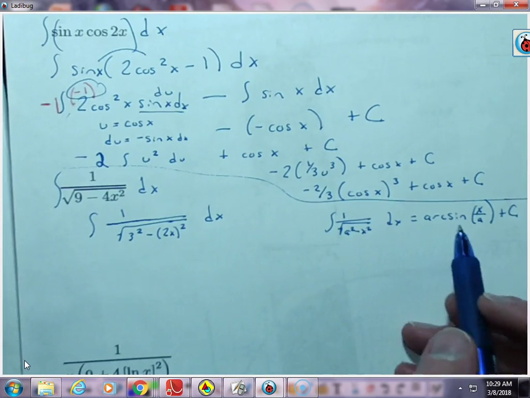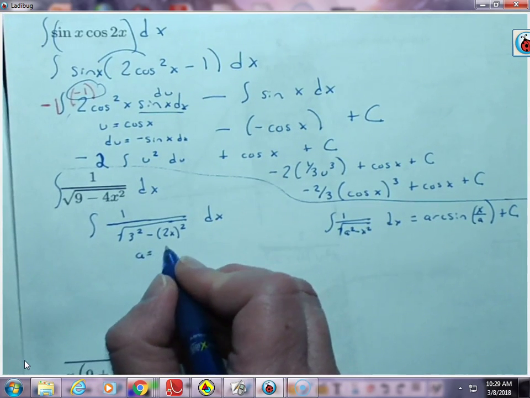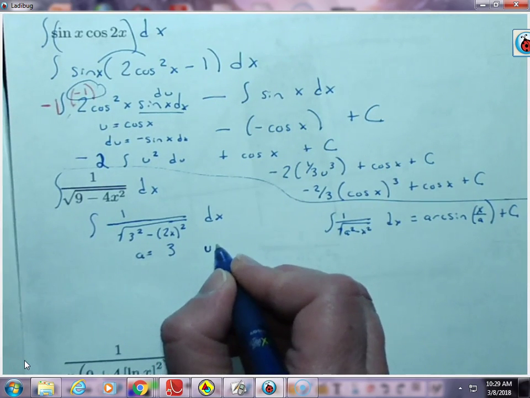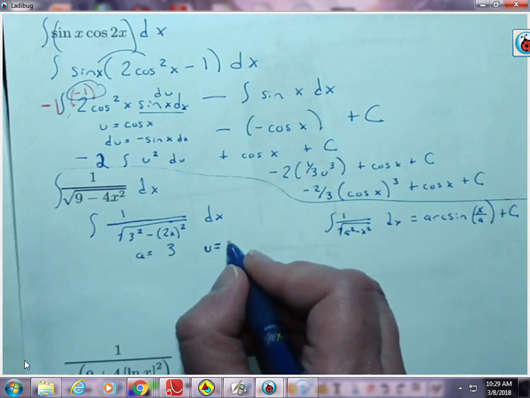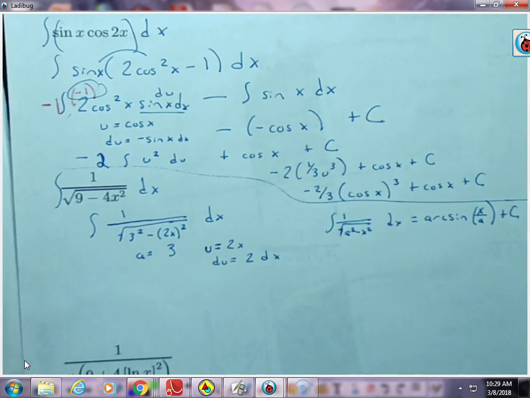And so we don't just have a and x, we do just have a. What's a? And we're going to have to do a u substitution because it's not x that's being squared. So u is what? And du?